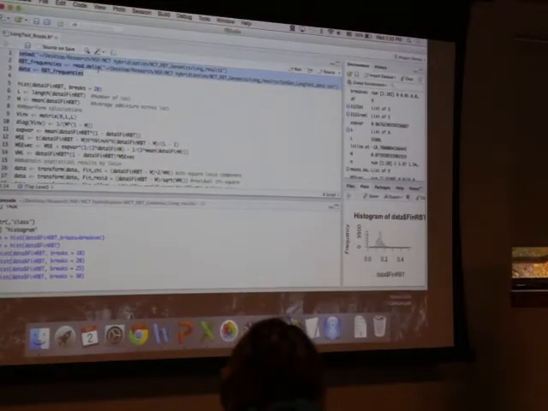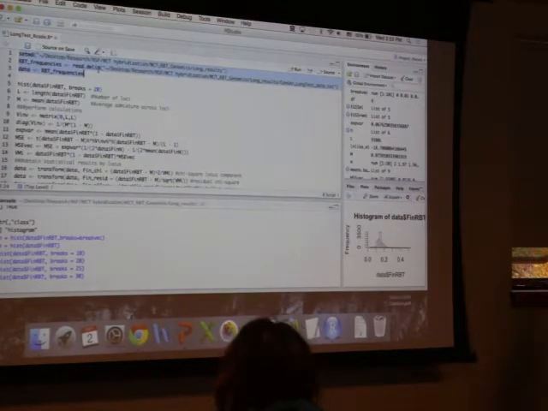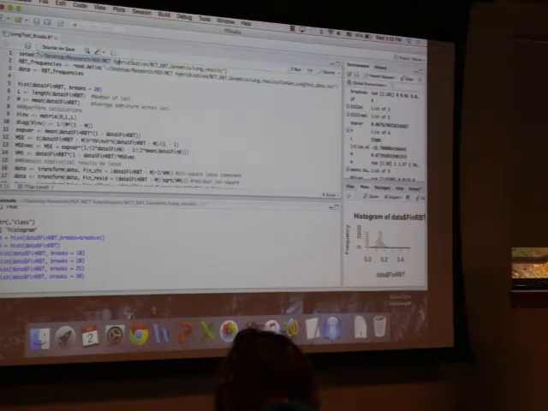Are most people familiar with R? Probably. Okay, so I just have a series of code up there to load my data and all of that good stuff. Obviously, this isn't going to be exactly the same on your computer, so you'll have to change the location of the main data set to run through this script.